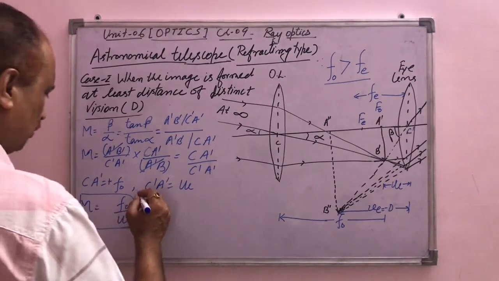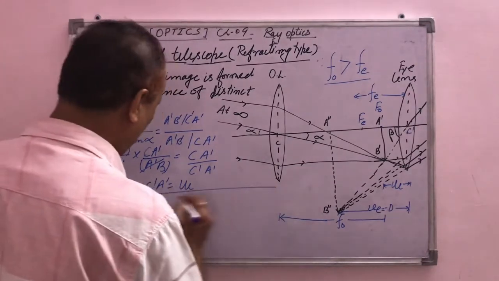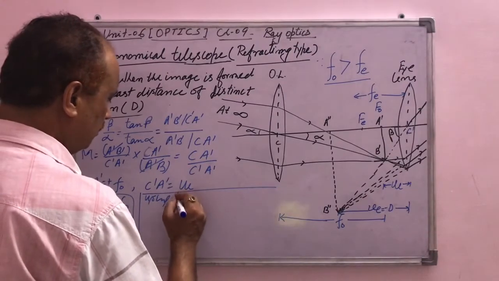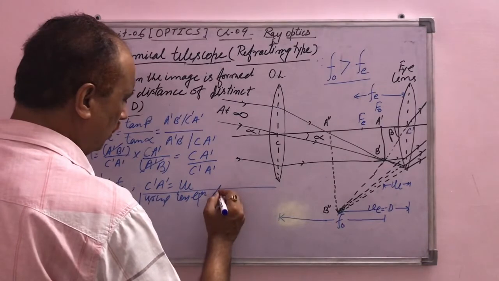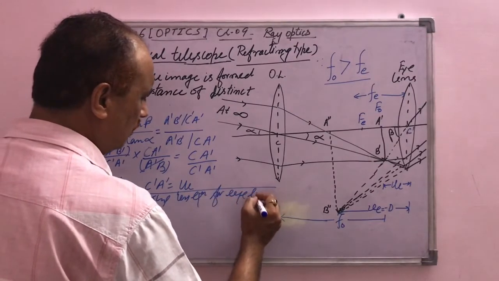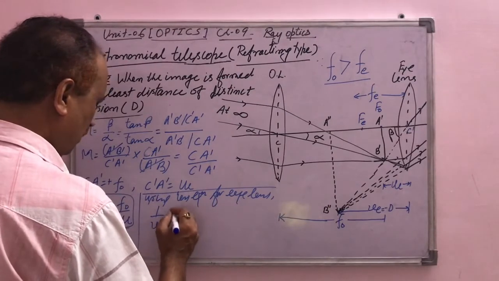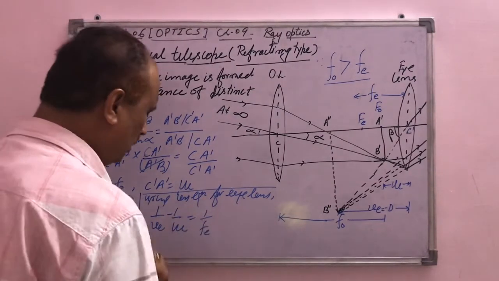Now we have to use the lens equation for the eye lens. Using the lens equation for the eye lens, we have 1 upon VE minus 1 upon UE equal to 1 upon FE.